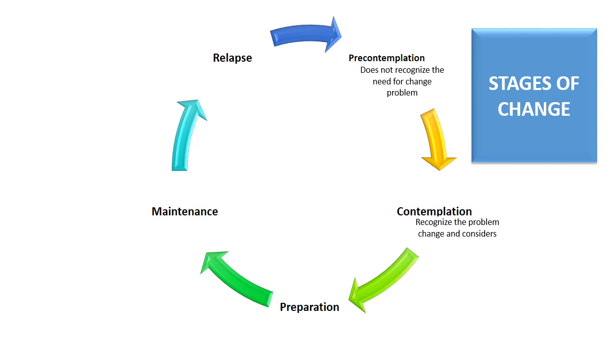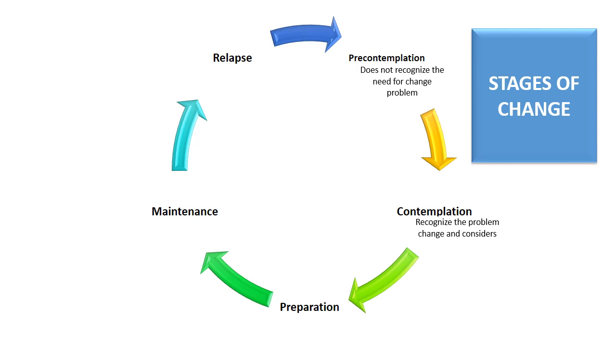When the individual successfully takes the actions and is committed, the next stage is the maintenance stage. Here the individual sustains the behavioral change, that is, the new behaviors are practiced as well as sustained.